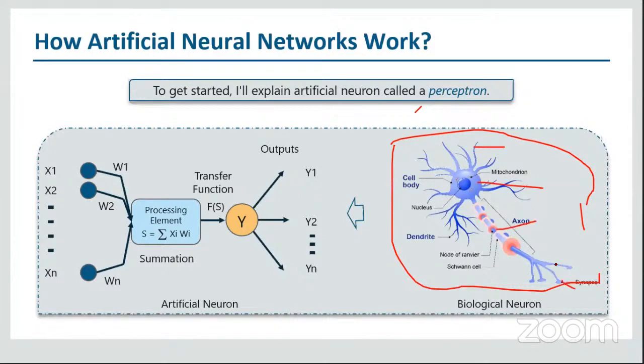All of this we identified. So using this as a baseline, we build something called an artificial neuron. An artificial neuron is also called a perceptron. So a perceptron is something like this.